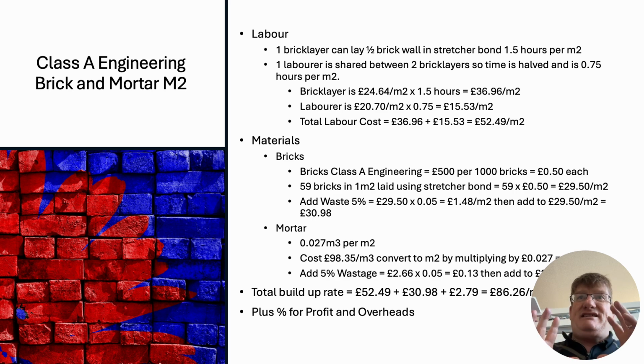I could break that down even more analytically and say we've got one guy mixing, and it takes 15 minutes to mix enough mortar for 1 metre squared, 0.25. But what I've done is it takes 0.027 metres cubed of mortar per metre squared.